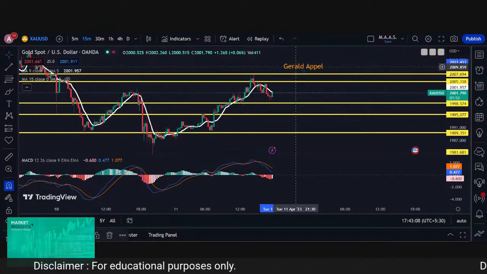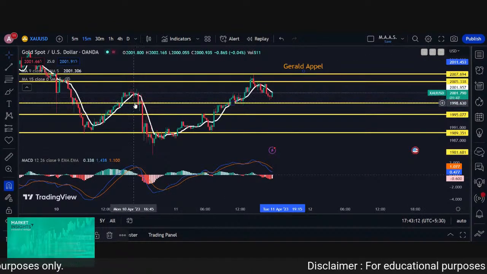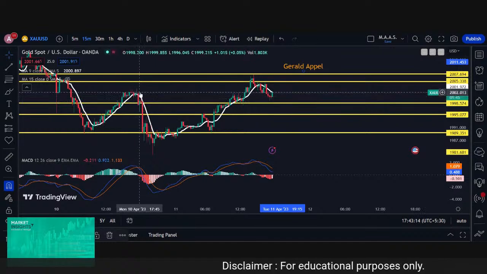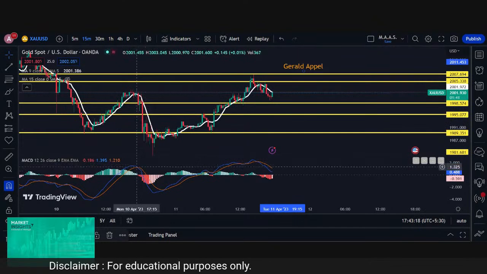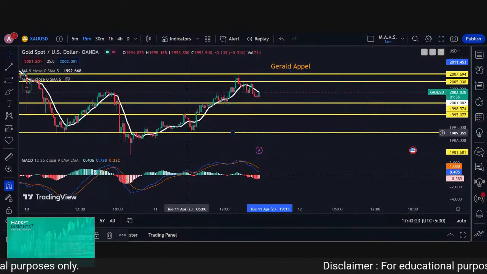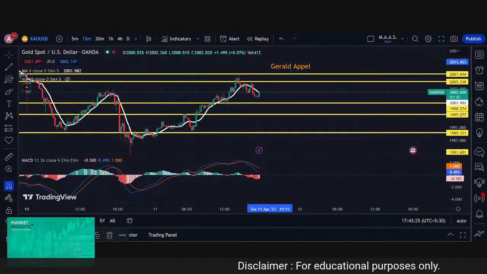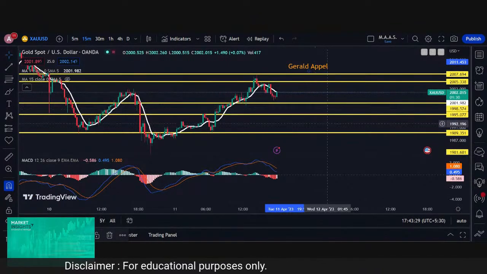Now you are able to see multiple signals here. Look at this, a bearish move at this particular point and a bearish confirmation here, it goes down. A lot of times MACD is somehow overlooked, and it is not given the due credit.